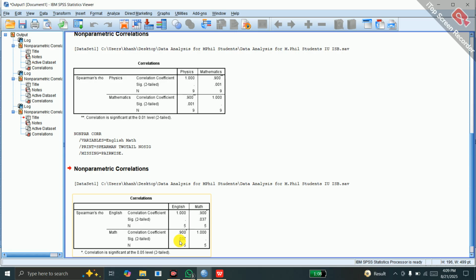But if the data is on ordinal scale, or ranked on ordinal scale, or if the data is continuous but doesn't fulfill the assumptions required for Pearson's correlation coefficient, then in that case we compute Spearman's rank correlation coefficient denoted by rho, that is the Greek letter. I hope this is quite useful and informative.